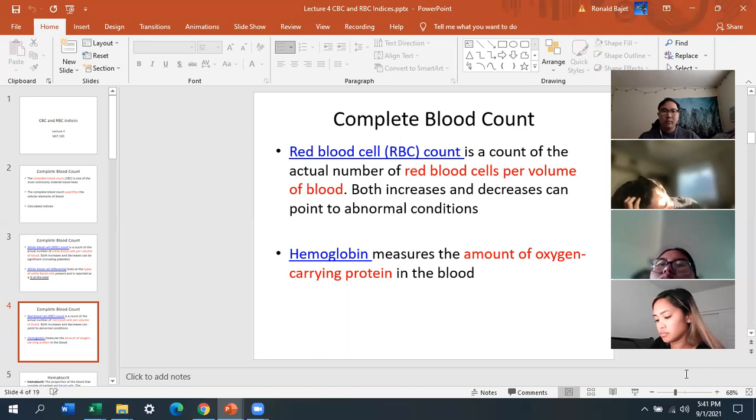That's why you have to be careful when you do your differentials. If your lymphocytes are more than your neutrophils, then you have a possible viral infection.